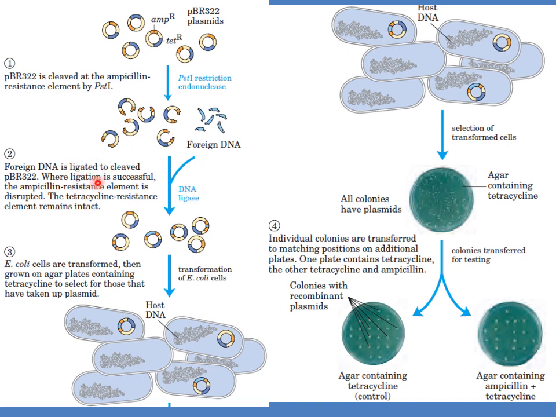So where the ligation is successful, the ampicillin resistance element is disrupted and the tetracycline resistance element remains intact. So we have to choose those colonies which are resistant to tetracycline but not resistant to ampicillin. So those colonies have the recombinant DNA.